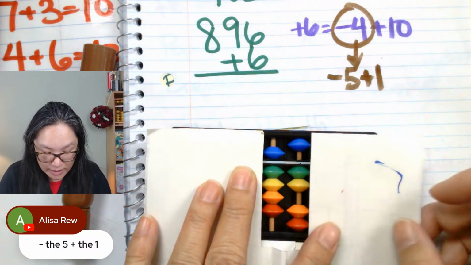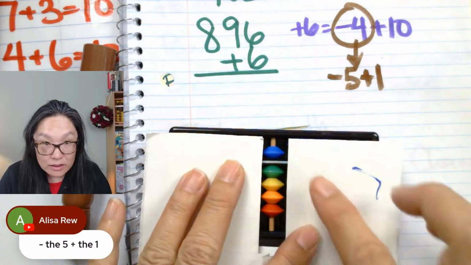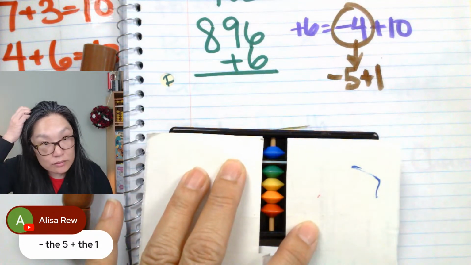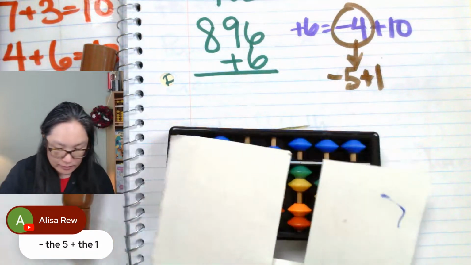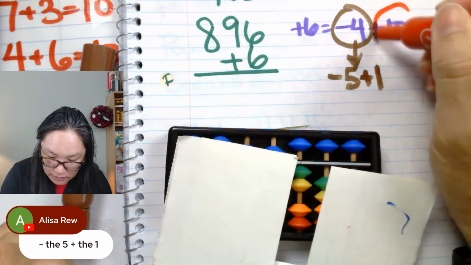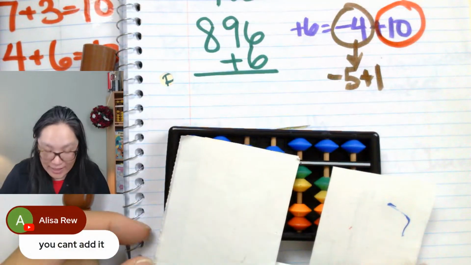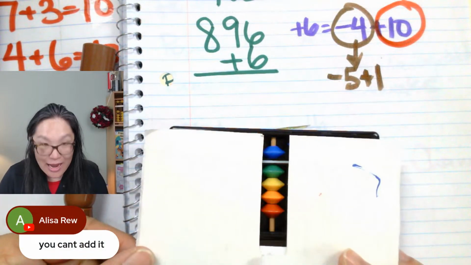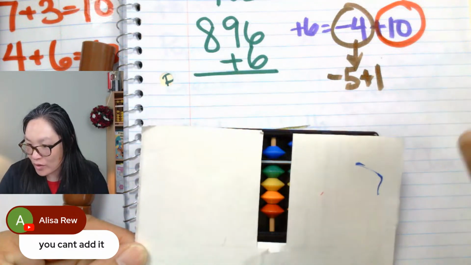I want to add the 1 here. Let me close it up. If I add the 1, what do I do? I cannot add the 1. You can't add it. Exactly. How can I add it?